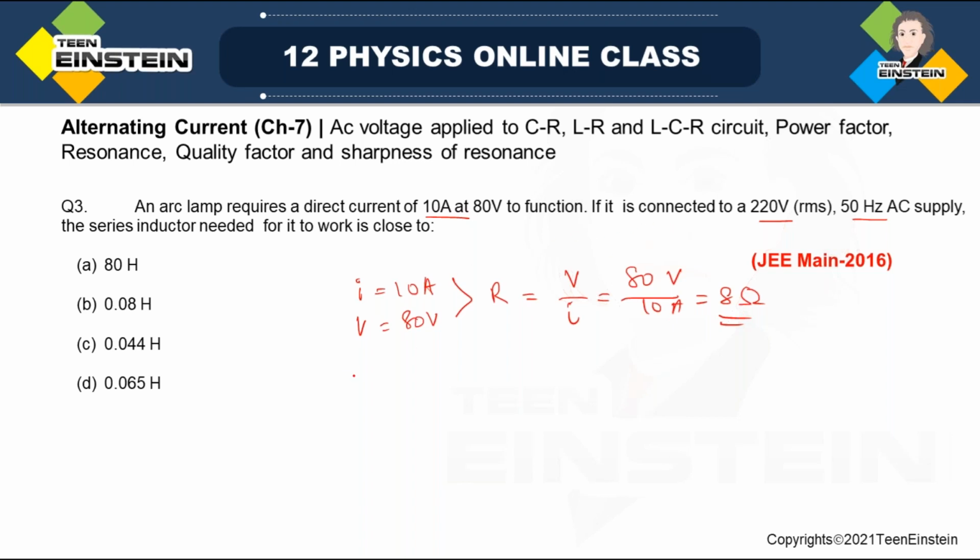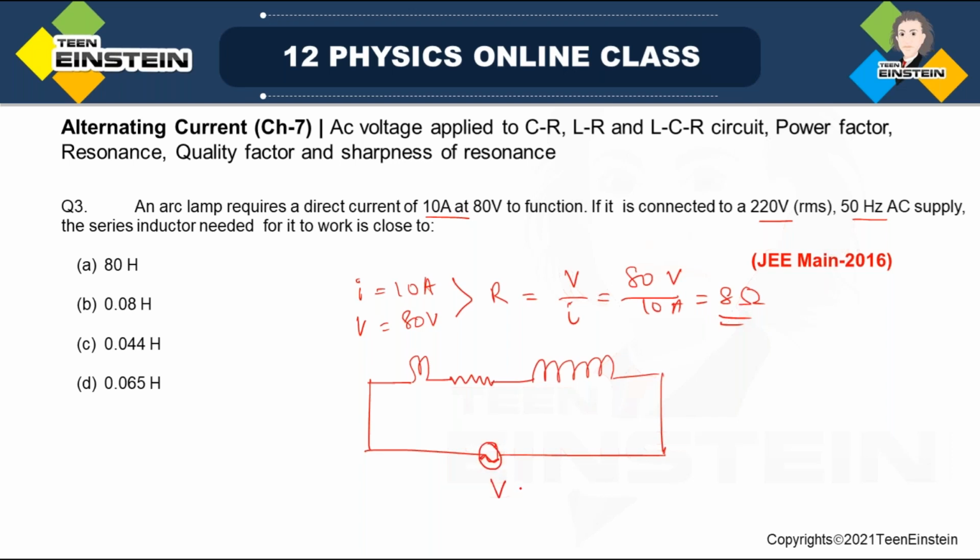Now, what we have to do: the arc lamp has certain resistance, and you have to connect an inductor coil in series with the battery. Battery is given here. This battery is not a DC battery. It is an AC battery.